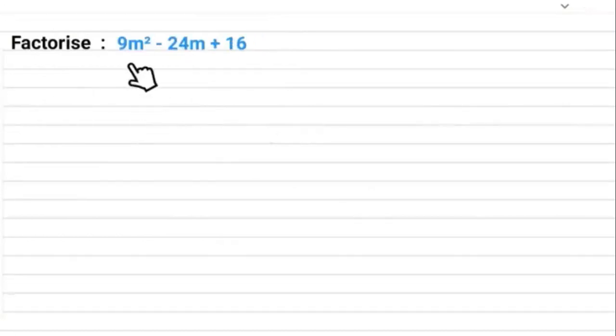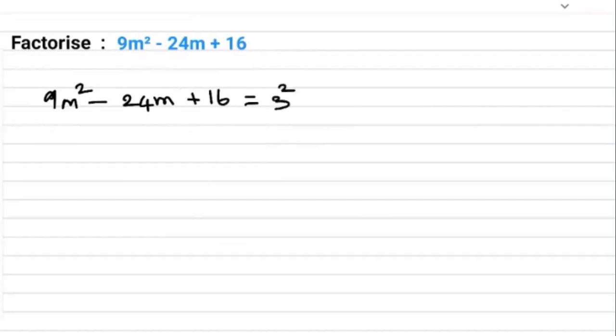Now again factorizing using identities. 9m² − 24m + 16, which is equal to, so 9m² can be written as (3m)², and 16 can be written as 4 into 4, which is 4².